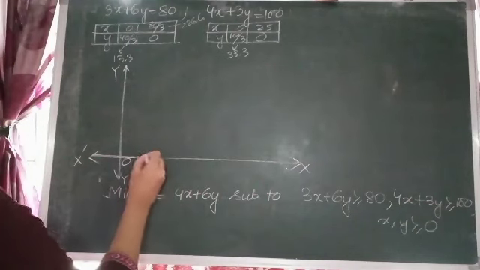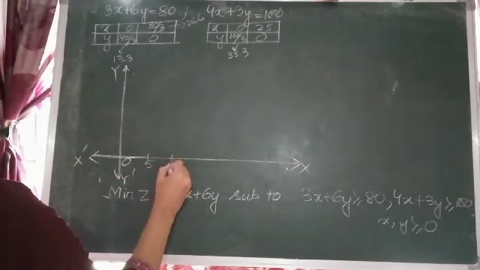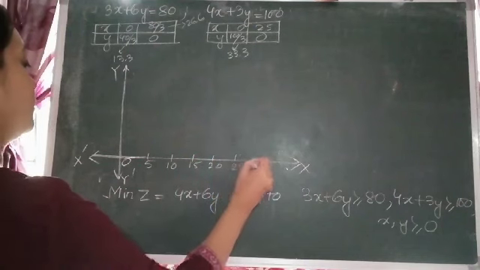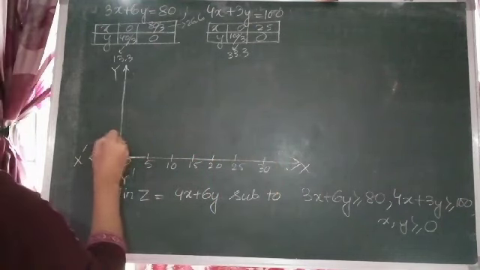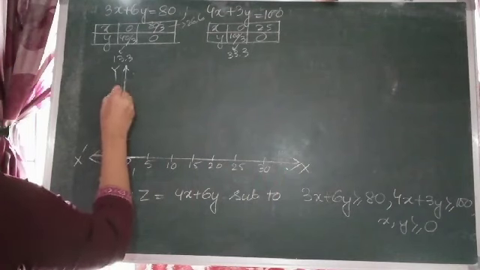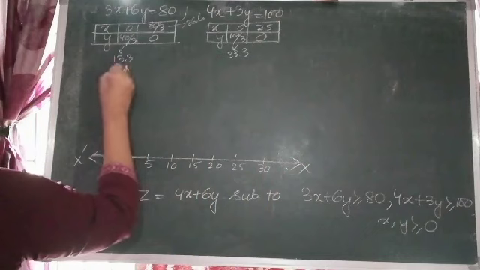Okay, so here again I'll take 5 units. So 5, 10, 15, 20, 25, 30.